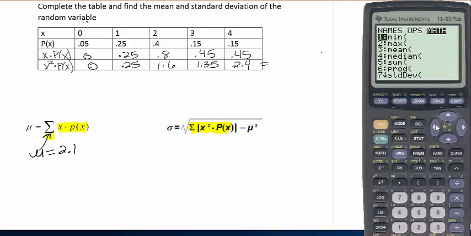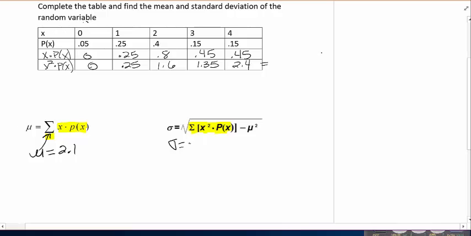List, math, sum, L3. 5.6. So the standard deviation is the square root of 5.6 minus 2.1 squared, which is the square root of 1.19, which is 1.09.